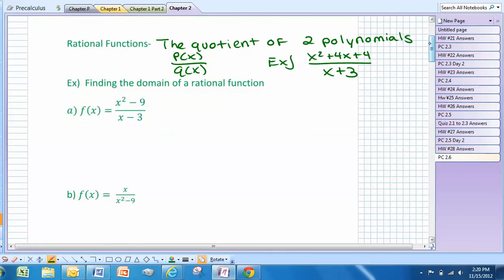To find the domain of a rational function, remember, since it's a fraction, that the denominator cannot equal 0. So basically, to find the domain, you set the denominator equal to 0.